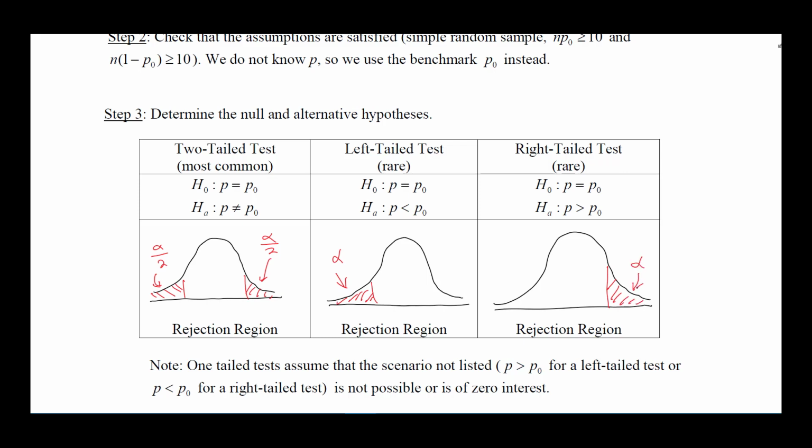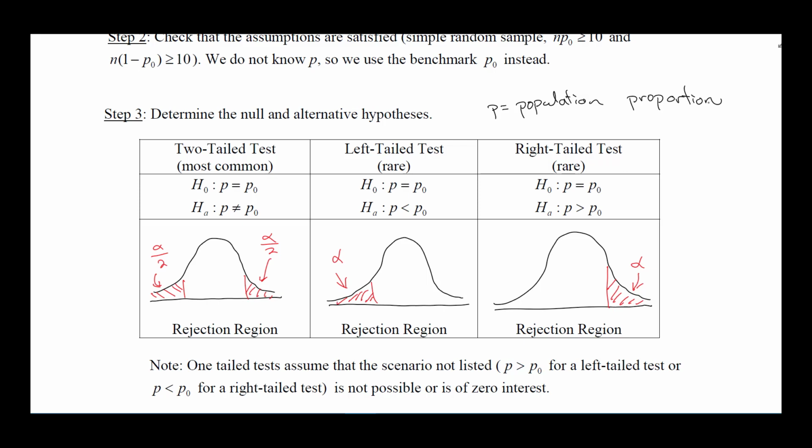Okay, so let's talk about the hypotheses. Remember that P is our population proportion, which we do not have the ability to access. So all we have is the sample proportion, and so we're going to be using that in order to make inferences about the population proportion.